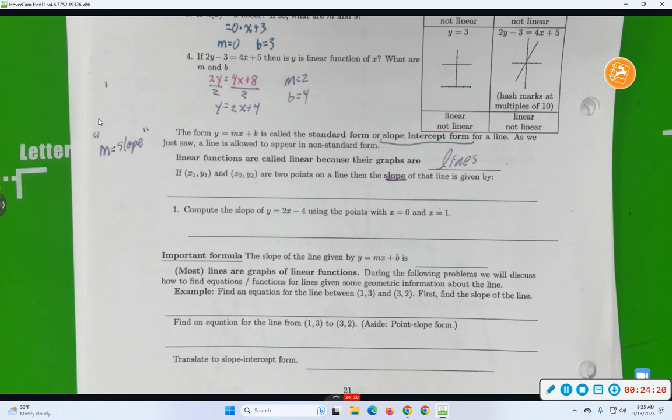Yeah, great. Yeah, cool. It's how much the y value of the graph changes divided by how much the x value changes. It's rise over 1.